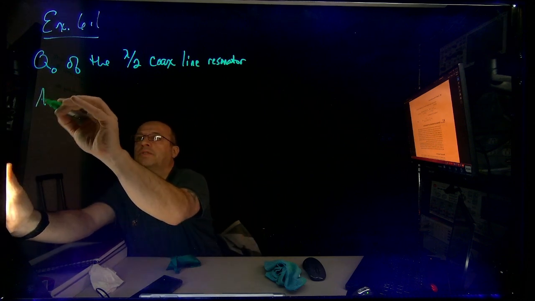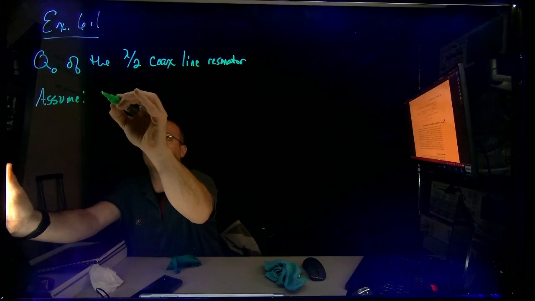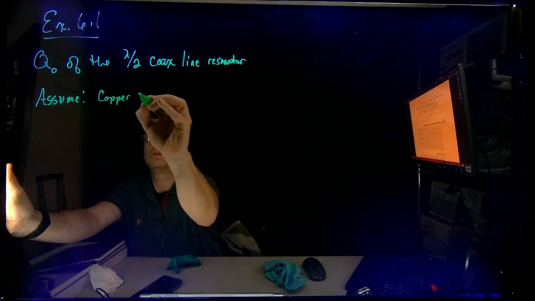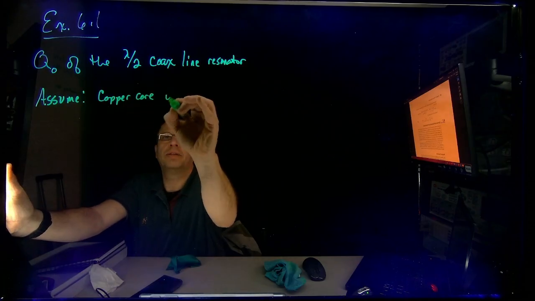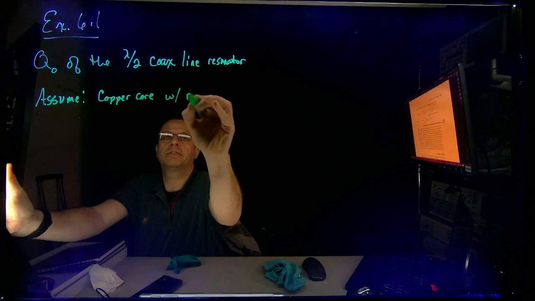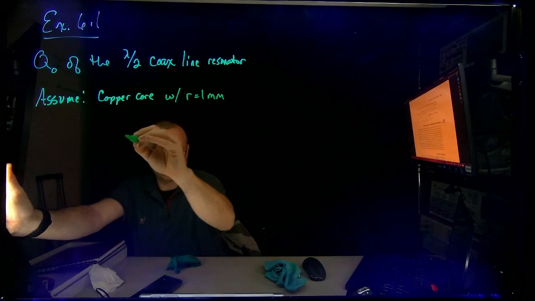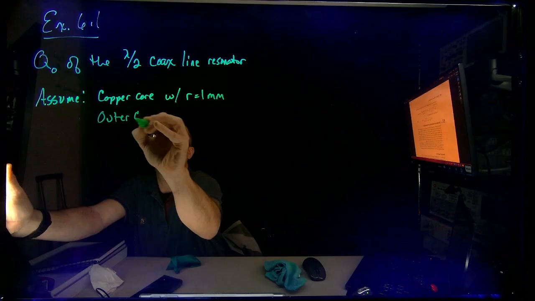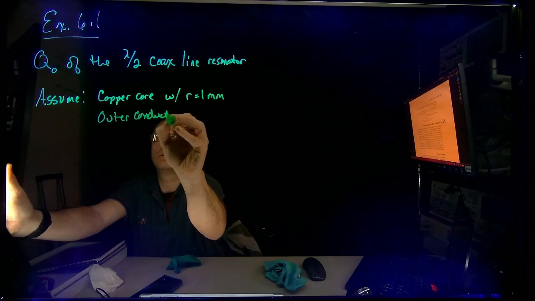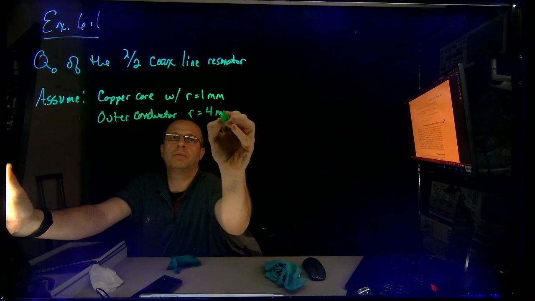So we're going to write some assumptions. We're assuming a copper core with a radius equal to 1 millimeter. Then an outer conductor with radius equal to 4 millimeters.